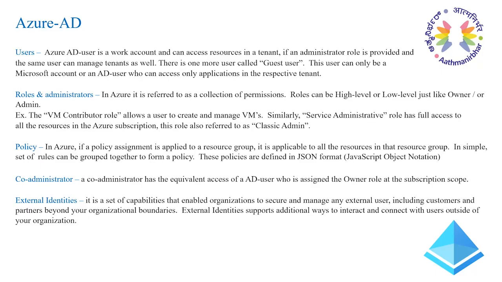Right, guys? That is what external identity is. Yes, this is exactly what we perform in our day-to-day tasks. So to do that, we should have the basic requirements. Those basic requirements are users, roles, administrators, policies, co-administrators, all these things. So let's quickly move on to a lab exercise. I will stop sharing my screen, and please go ahead, share your screen, and let's perform a lab exercise. It is a continuation of what we did in the previous class.